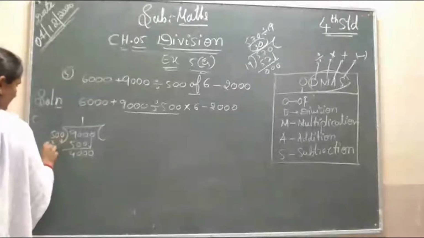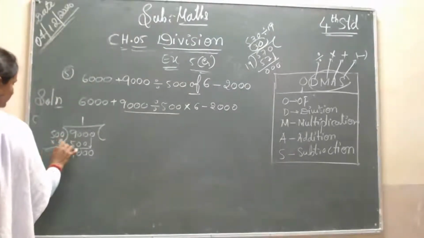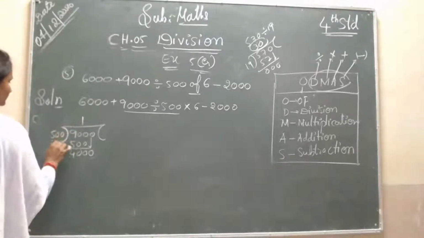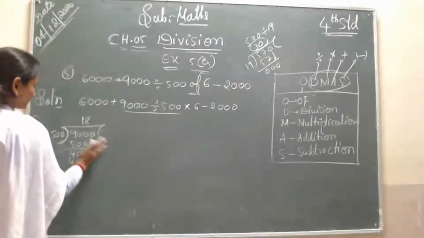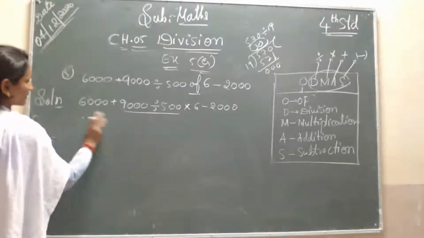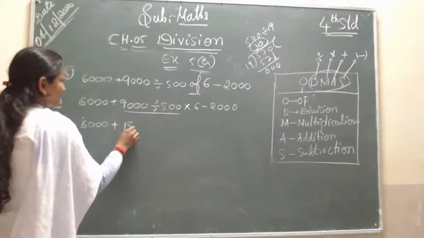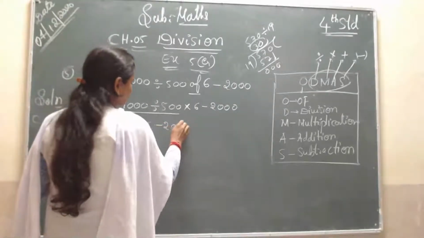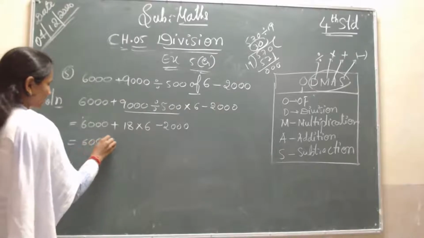That is 9 0 0. Yes, that is 18. So I have to take 6,000 plus 18 into 60,000. So next question, 6,000.